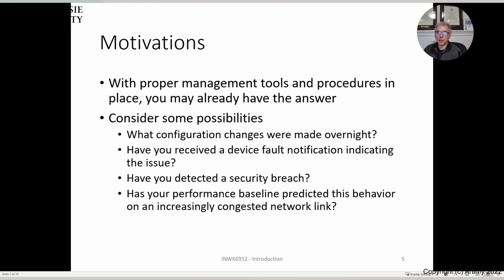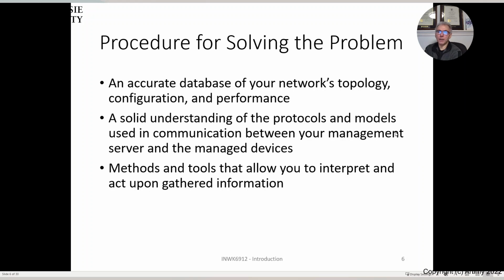Was there any security issue, any security breach? Maybe the CPU of the main router has gone high, so the router is super busy and couldn't handle the extra load. All of this could be known by network management.